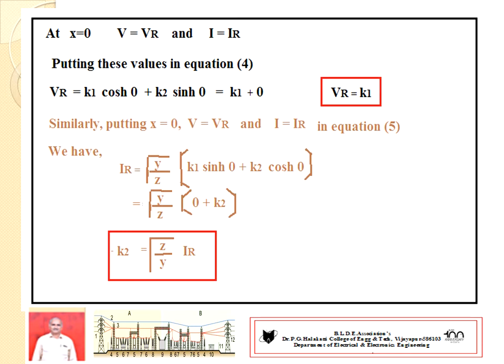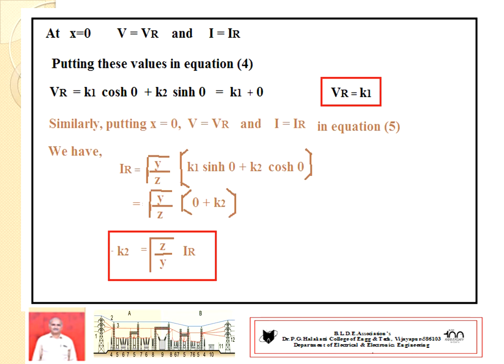Similarly, you go for the current expression. Current I equals IR, from equation 5. IR equals square root of y by z times K1 sinh 0 plus K2 cosh 0.